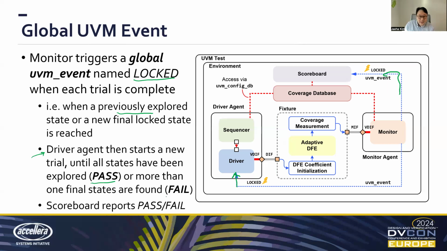Or if it has discovered that some initial state leads to one final state whereas another initial state leads to a different final state, well, you already found the failure, and you stop right away. So when one of those conditions is met, the monitor will stop the simulation and the scoreboard will report the pass or fail.